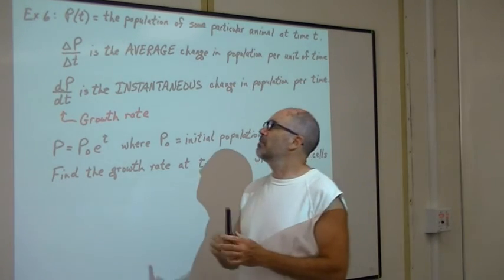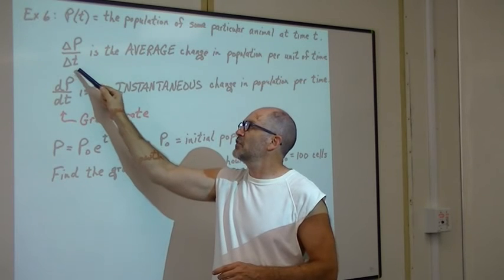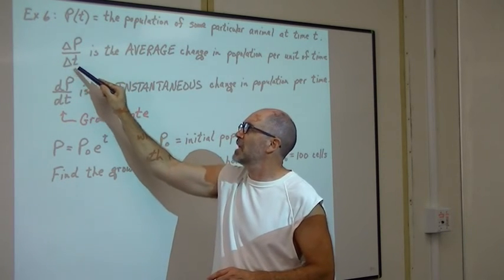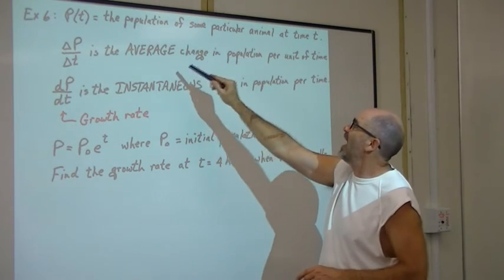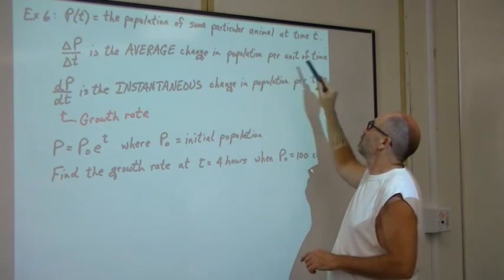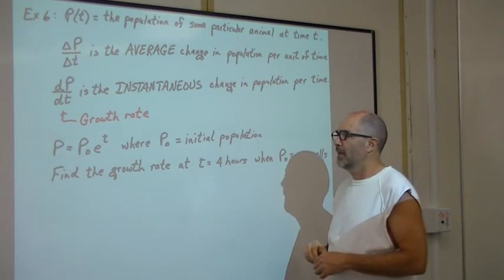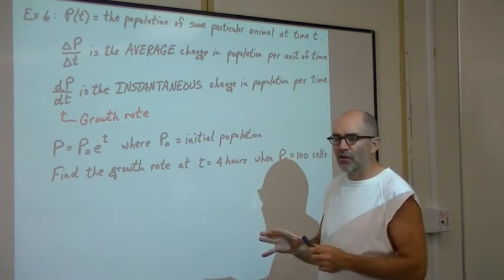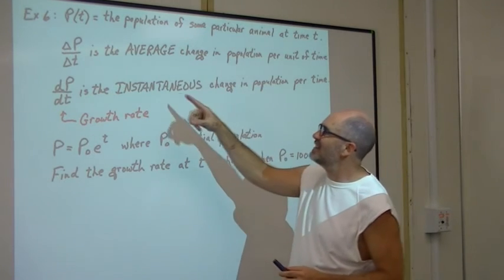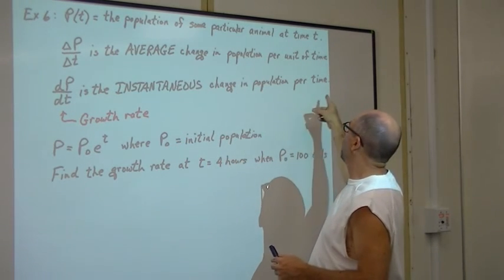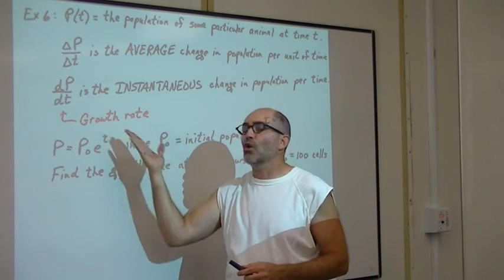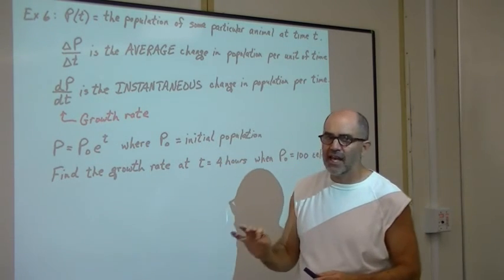Now, delta P divided by delta t is the change in population divided by the change in time, which is the average change in population per unit time. The average rate of change. Now that's not as valuable as the instantaneous change in population per unit time, which would be called the growth rate at a particular time.